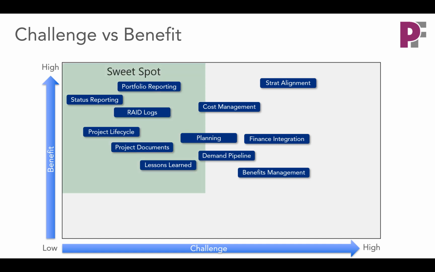And there'll be a sweet spot. This is the stuff that is either a no-brainer, absolutely needed, or is of such significant benefit that this is going to be included in our day one implementation, because equally the challenge is not forbidding. So that's what we're going to go live with.